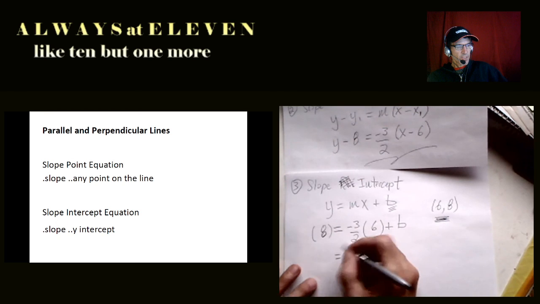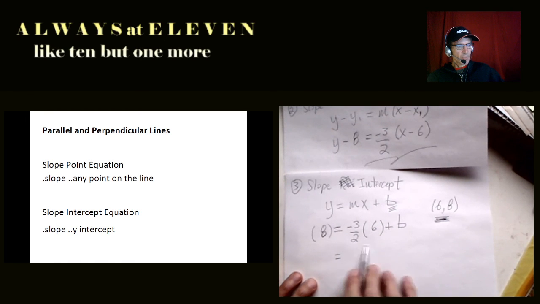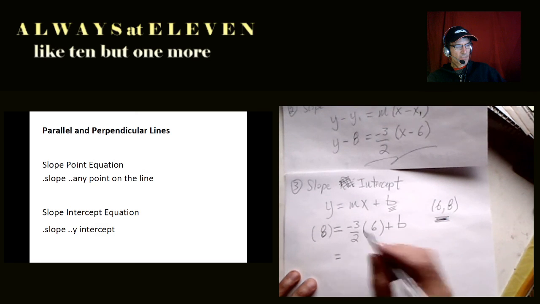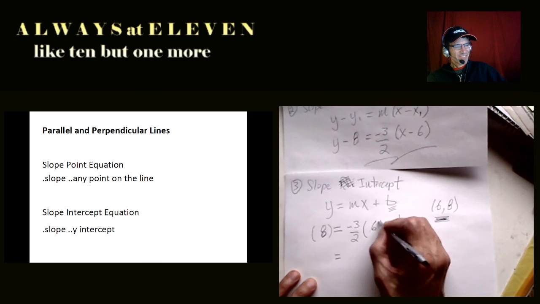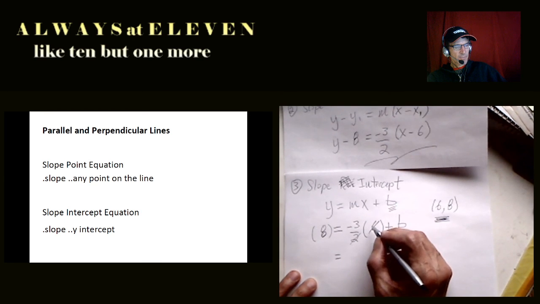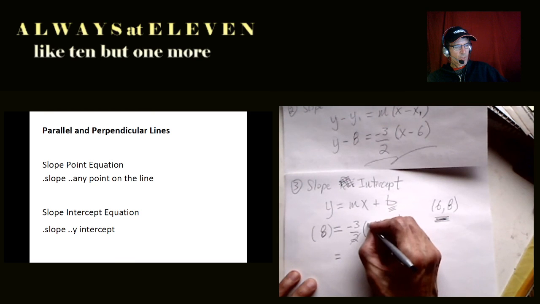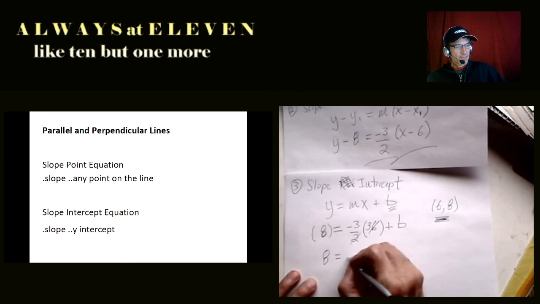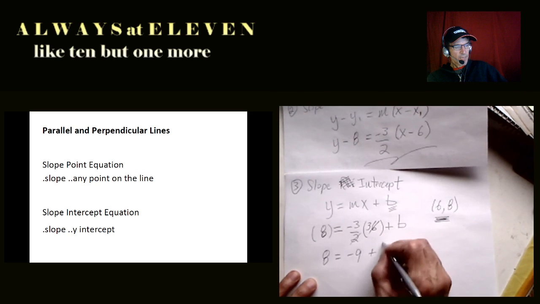Work it out. A little bit of fraction stuff. Hopefully it doesn't scare you. All right, but what do we have here now? -3 times 6, or these can cancel, make our lives nice. This on the top, that on the bottom, that reduces to 3 like that. So we have 8 equals -9 plus b.